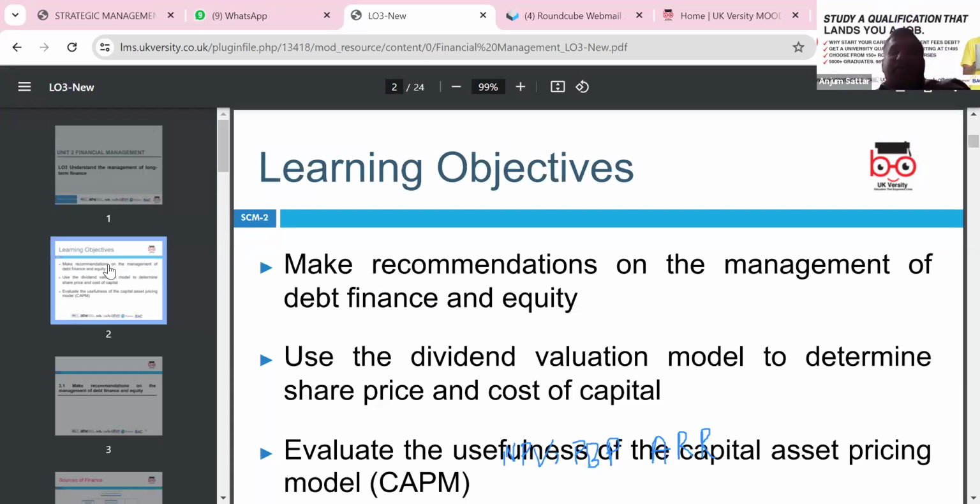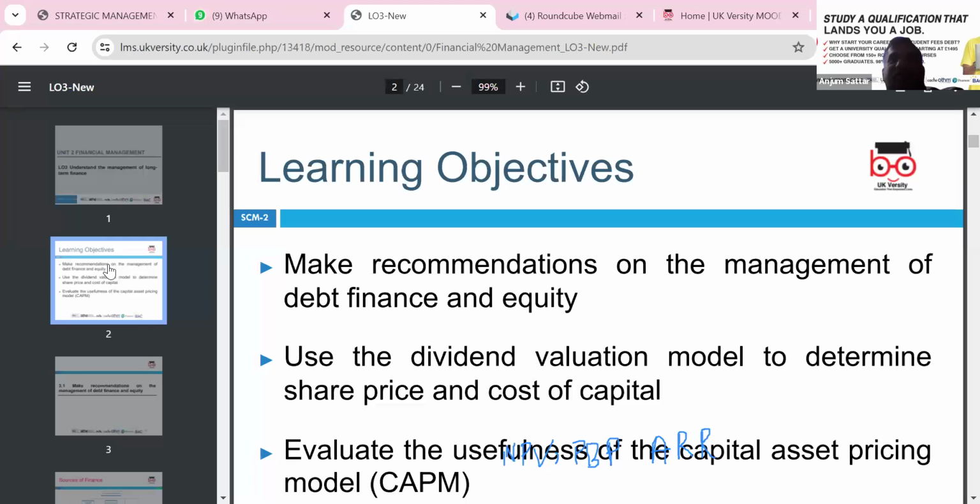Debt is better than equity, as we discussed, because the interest is a finance cost, an allowable expense, so we can save on tax. Debt is cheaper than equity, and we prefer debt financing.